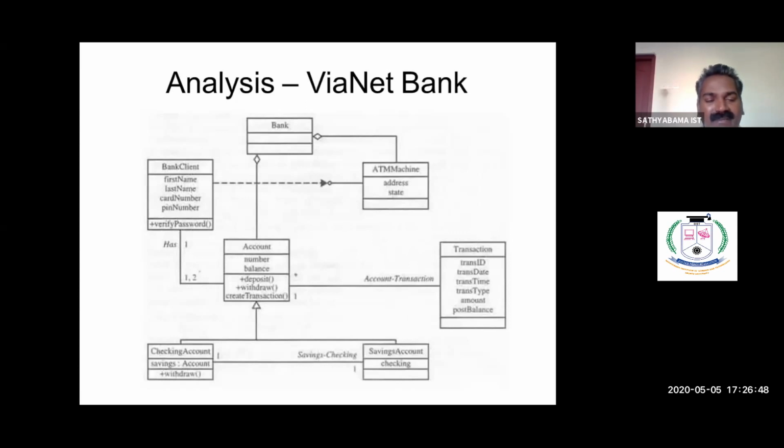Under that we have a specialized class like account. Under that, checking account and saving account are more specialized classes. Each class has association with other classes, and each object sends messages to other objects. The importance of object-oriented programming is message passing, so a minimum number of messages has to be sent from one object to another.